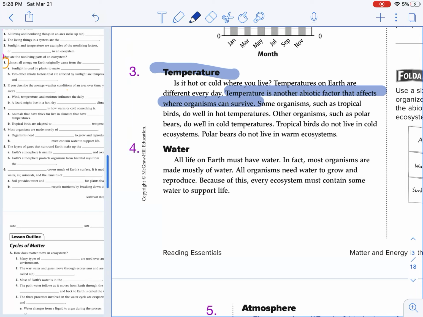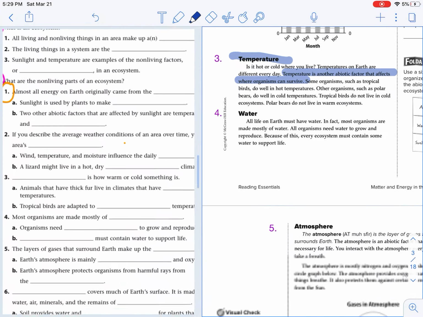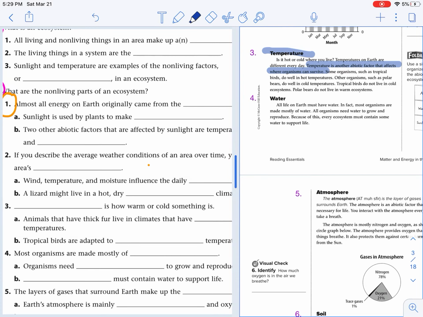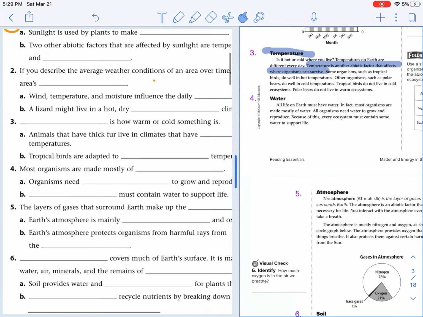Other organisms, such as polar bears, do well in cold temperatures. Tropical birds do not live in cold ecosystems. Polar bears do not live in warm ecosystems. So the temperature is going to affect not only the plants, but the animals that are suited to live in that area. So go ahead and fill out number 3 here for your outline notes.